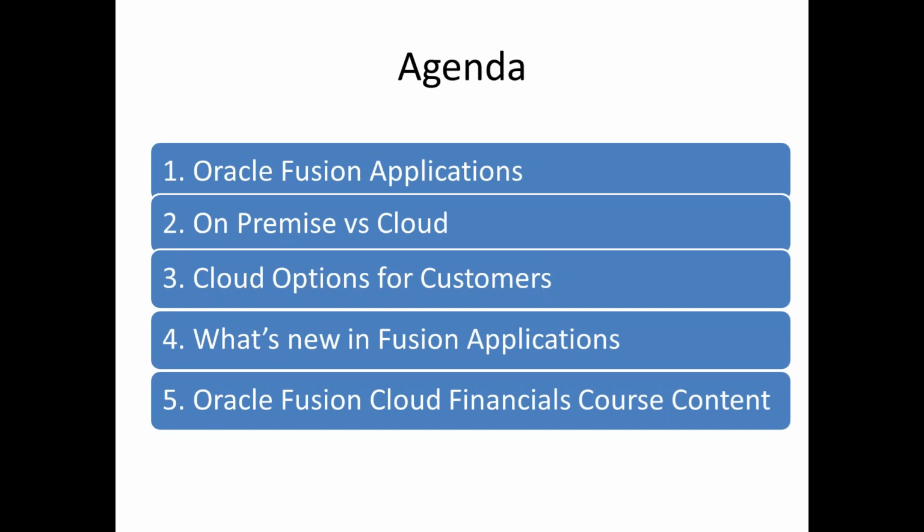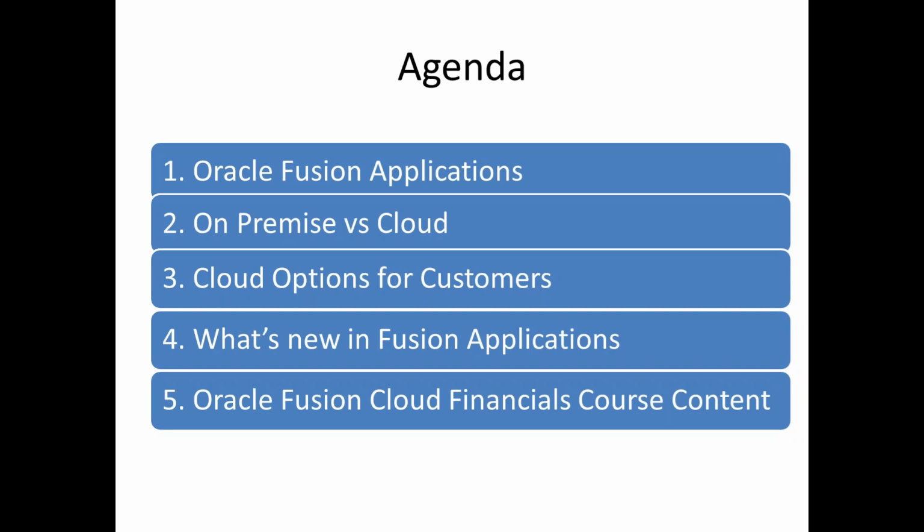Once we get into the core discussions for each application, you will come to know what new functionalities are available. As part of this agenda, I'll take you through very high-level new features in the Fusion applications, and I'll walk through the course curriculum: which applications we are going to cover in this training, and along with each application, what cycles we are going to include. If you have any other questions, we can definitely discuss.